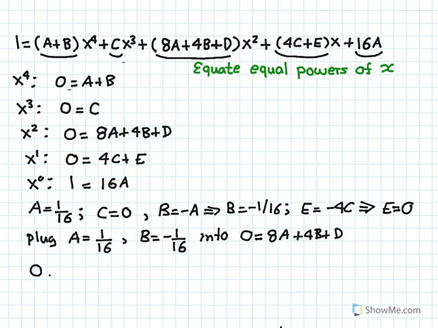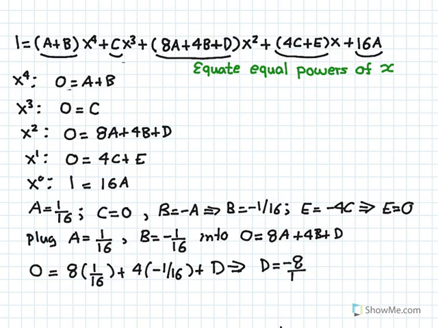We obtain 0 is equal to 8 times a, that's 1 over 16, plus 4 times b, 4 times negative 1 over 16, plus d. Solving for d, we get d is equal to minus 8 over 16 plus 4 over 16. 4 minus 8 is negative 4, we get negative 4 over 16. That simplifies to negative 1/4.